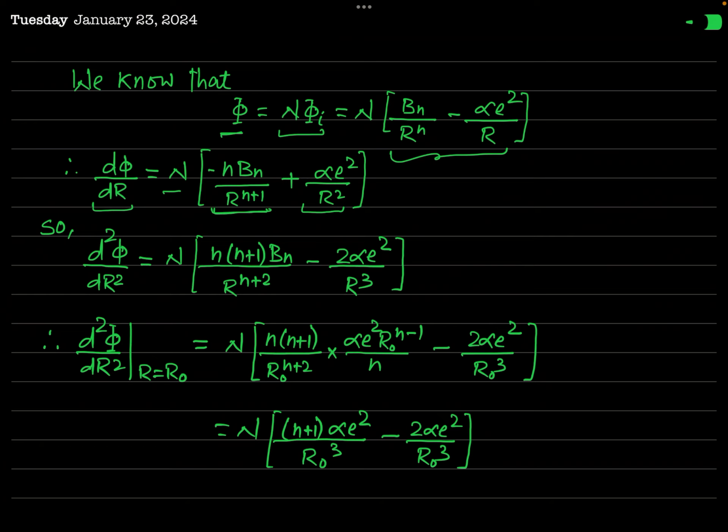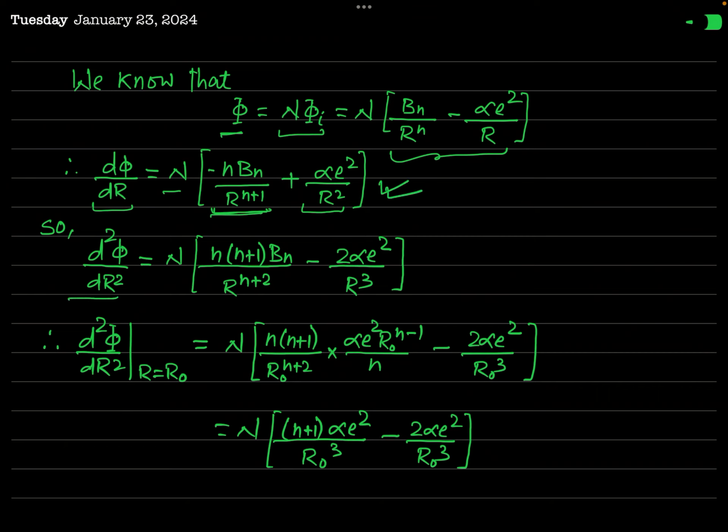So d phi by dr is n times minus n times Bn over r to the power n plus 1 plus alpha E square over r square. But we need the second order derivative, so differentiate this result once again.